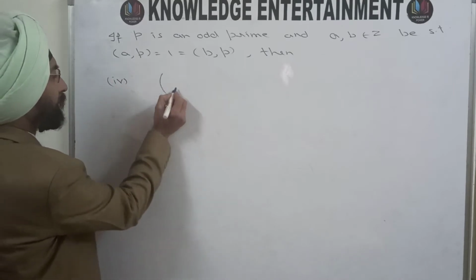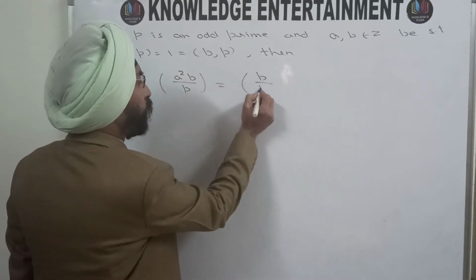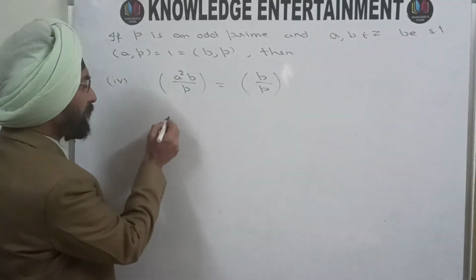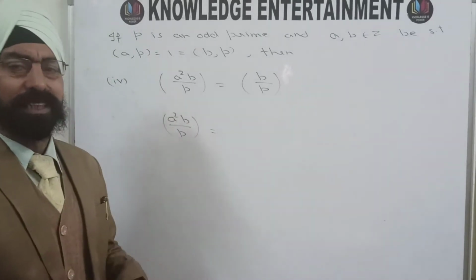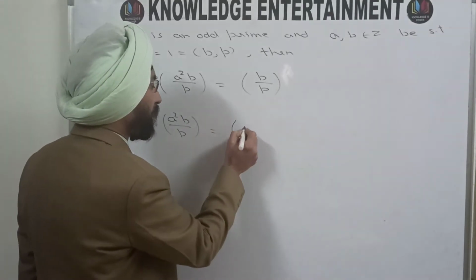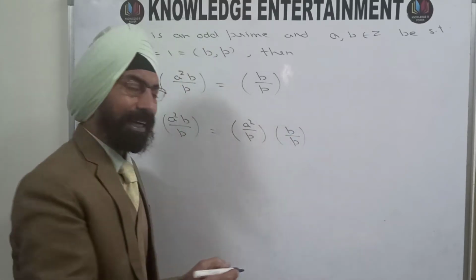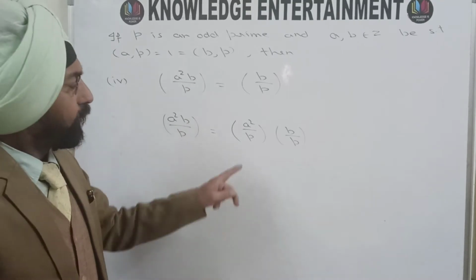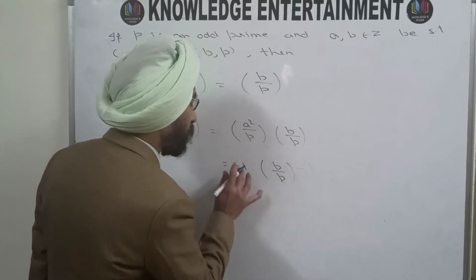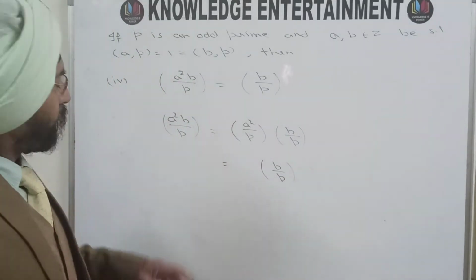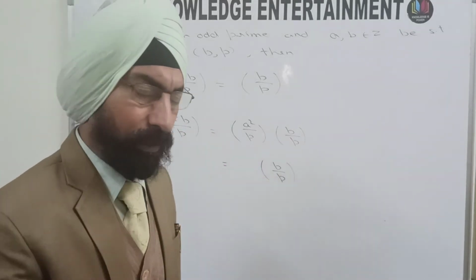It says that the Legendre symbol A square B upon P is equal to the Legendre symbol B upon P. And once again it is very easy, because for the Legendre symbol A square B upon P, by using the first result that we have proved in this video, it can be broken into two parts: the Legendre symbol A square upon P into the Legendre symbol B upon P, and from the third result that we just proved, A square upon P is equal to 1, so 1 into the Legendre symbol B upon P is equal to the Legendre symbol B upon P. So the Legendre symbol A square B by P is equal to the Legendre symbol B by P.